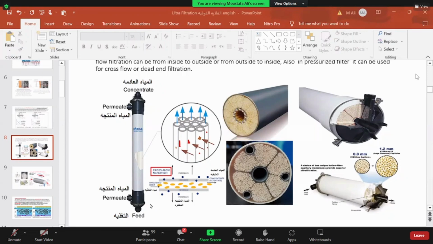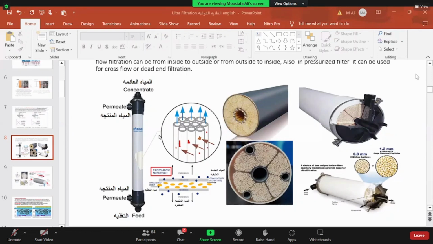You can find modules from less than 1 meter up to 6 meters, and the diameter can be tiny, around 4 inches or less, up to 250 or 300 millimeters, which is used for wastewater treatment and produced by some companies.